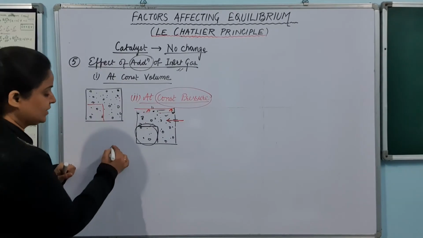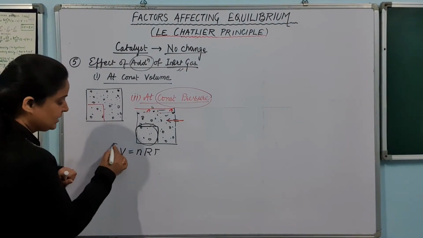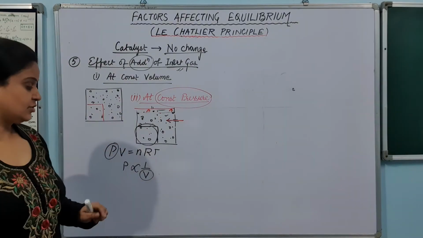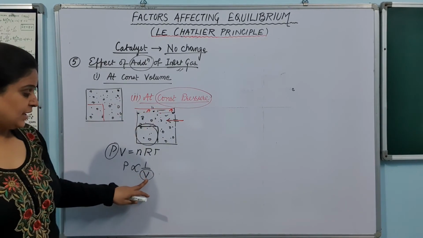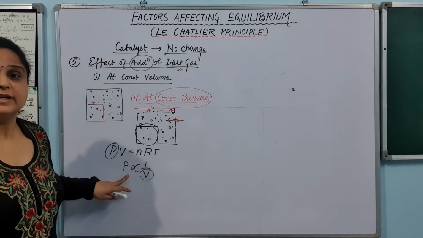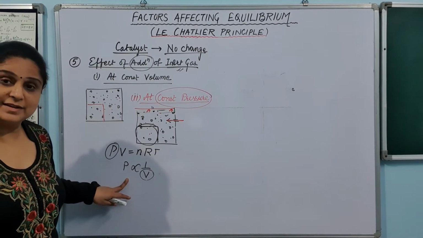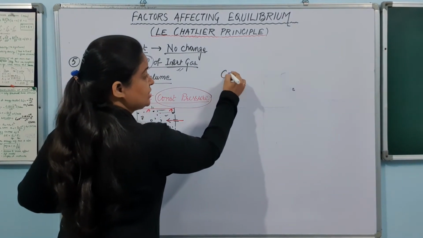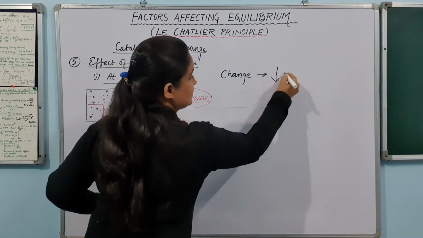Because we know from PV equals nRT that pressure is inversely proportional to volume. So what you have done is you have increased the volume, and as soon as you increased the volume, the pressure decreased. Basically, the change you made is a decrease in pressure.